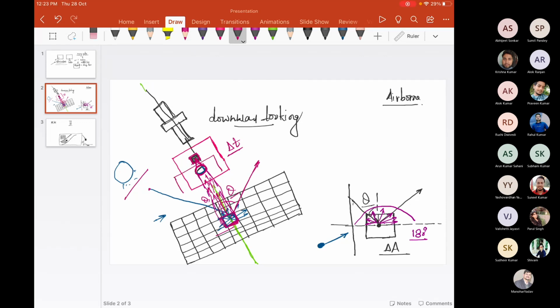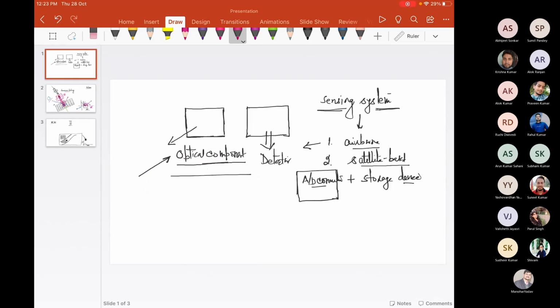Next to the optical, we have a detector, and after the detector, as I discussed in the block diagram, first is the optical component, then the detector, and third, when the detector generates voltages, those voltages are converted by A to D conversion into discrete numbers following the decimal number system. We call them digital numbers, and they are stored on the device. So this is the last stage.